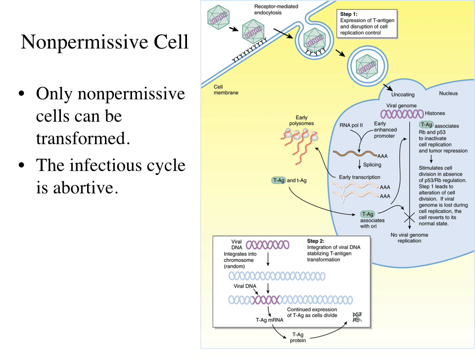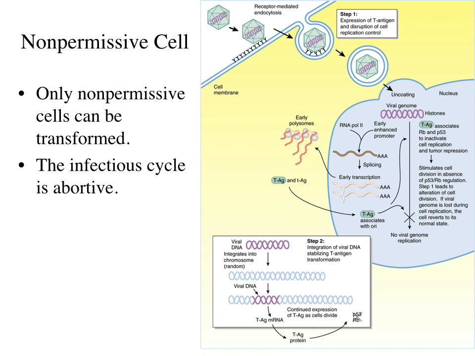This allows for the cell to move into the S phase so that you get division, and it blocks P53 so that you don't get apoptosis of these dividing cells, and you get division of the cell because P53 and RB have been regulated. They've been downregulated.